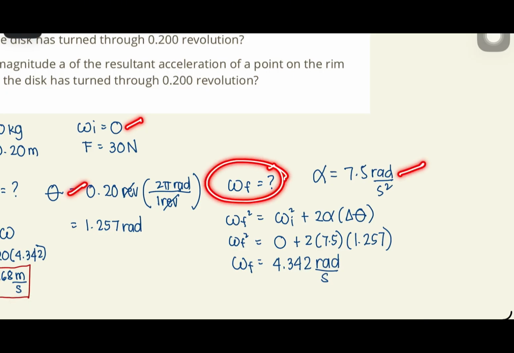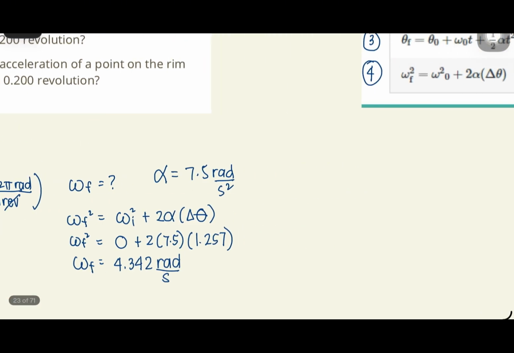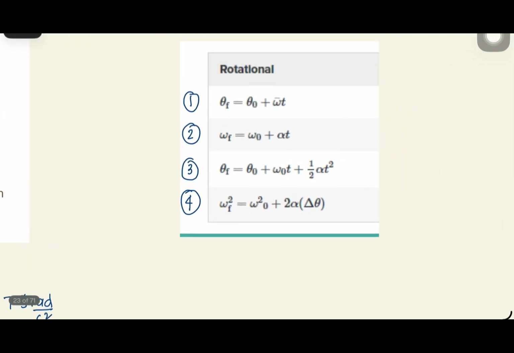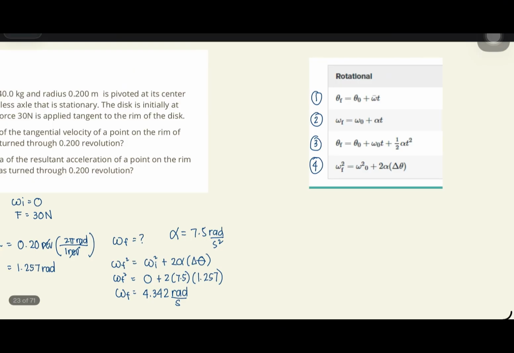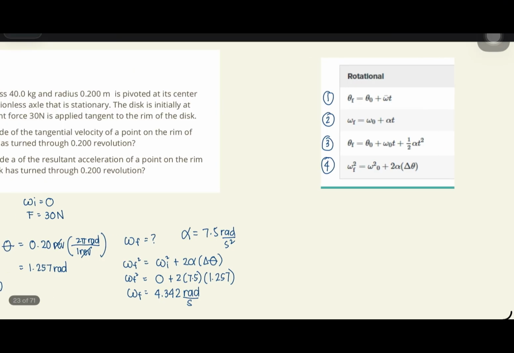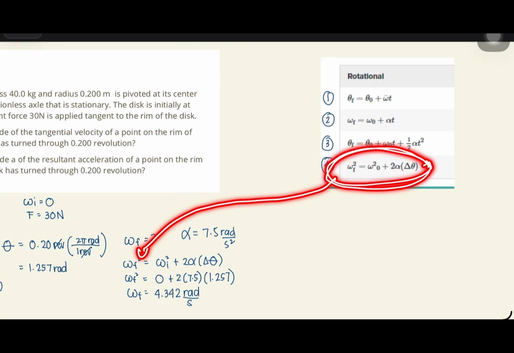Then, para ma-solve natin yung final angular speed, check your rotational kinematic kung ano yung appropriate na equation. So, magagamit natin dito is yung equation 4. Okay?